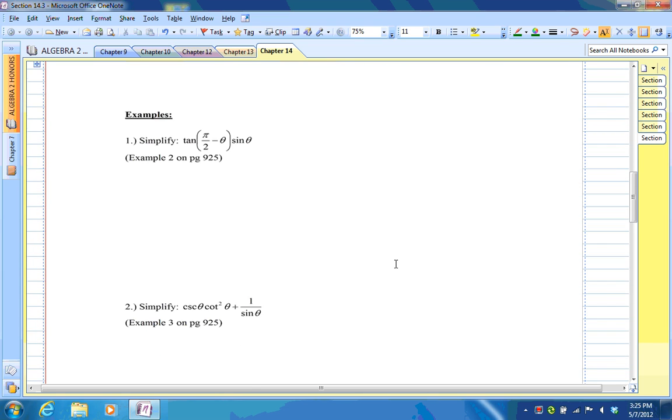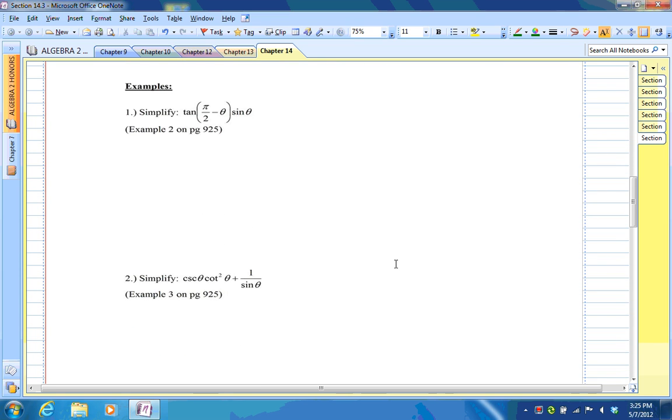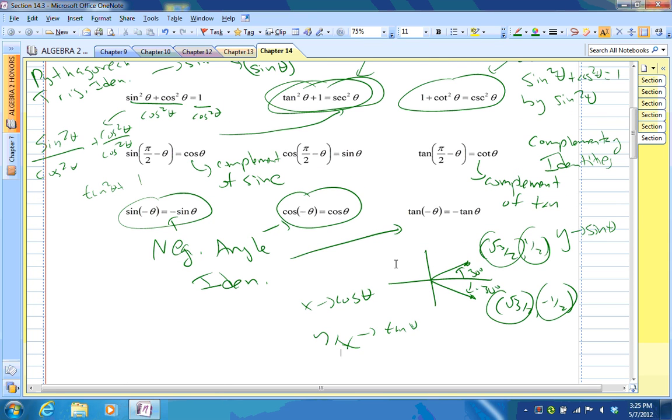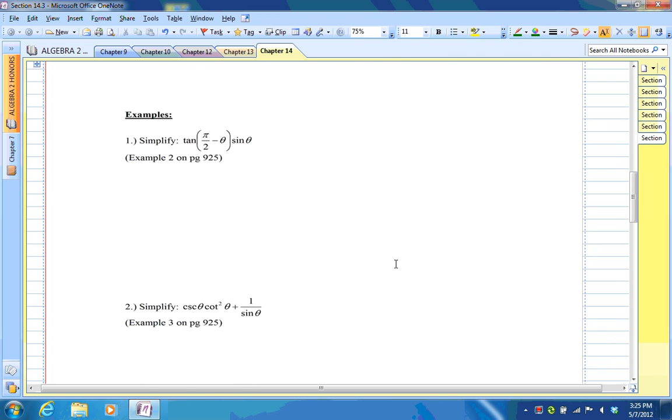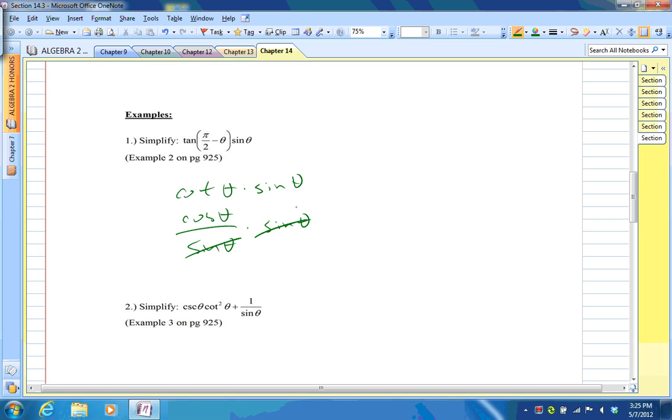So let's look at the first example: tan of pi over 2 minus theta times sine theta. That's example 2 on page 925 in the book. Well, tangent of pi over 2 minus theta we know is cotangent theta. And cotangent we know is cosine theta over sine theta. And those will just cancel.